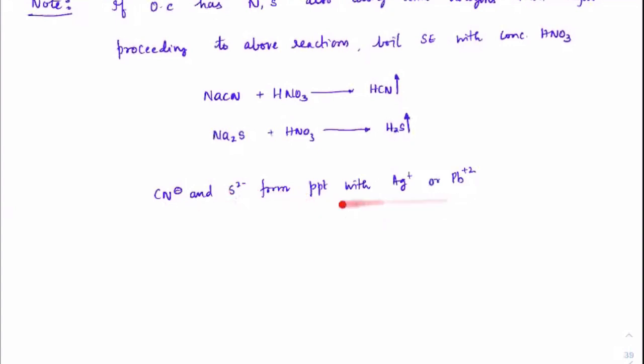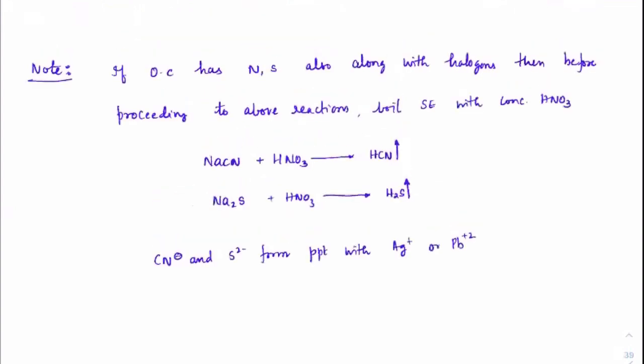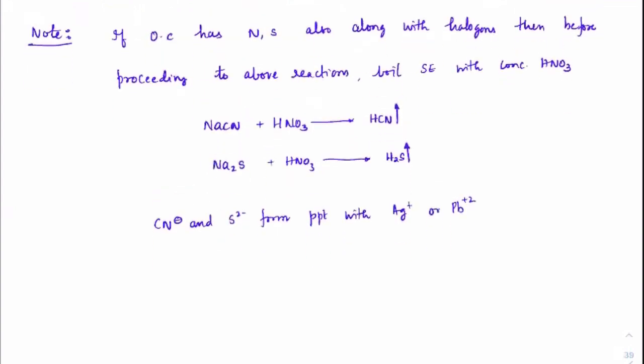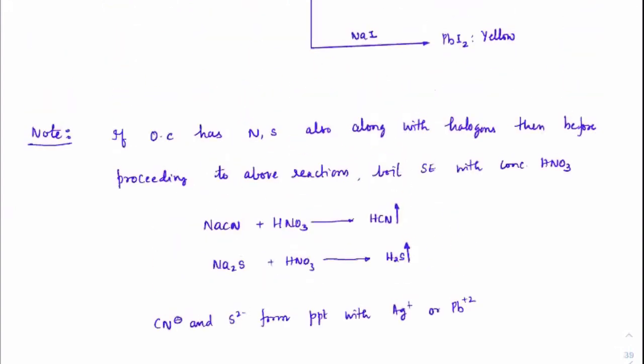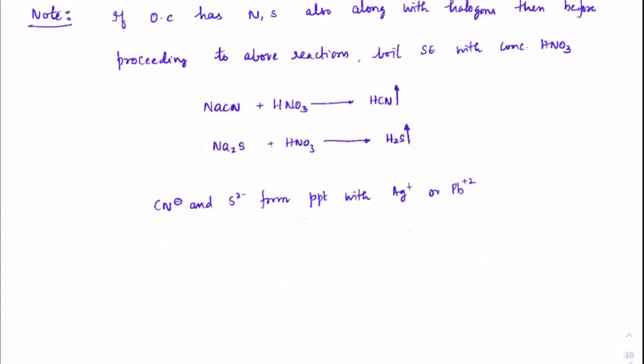That will mislead us, because it will show that some new precipitate is coming with silver and lead. So we want to avoid that. To make sure we are only using this test for halogens, the first thing we do is boil our sodium extract with concentrated HNO3.